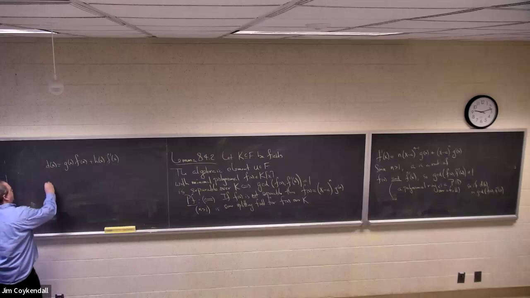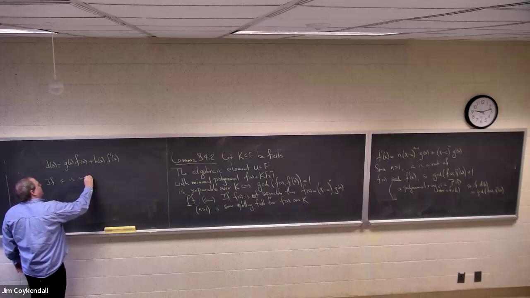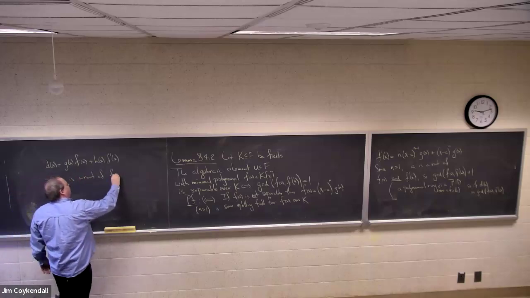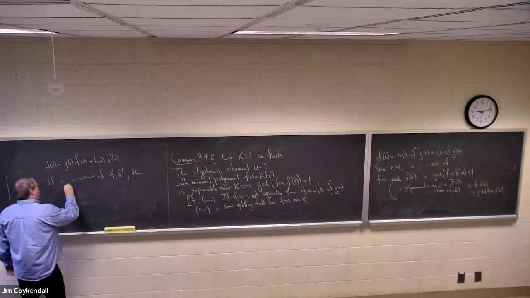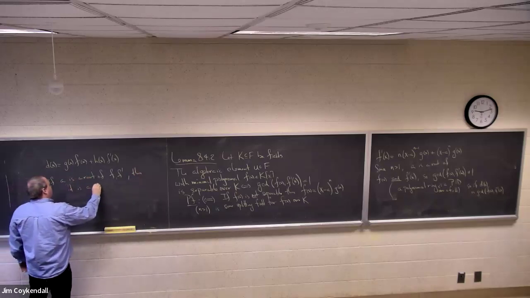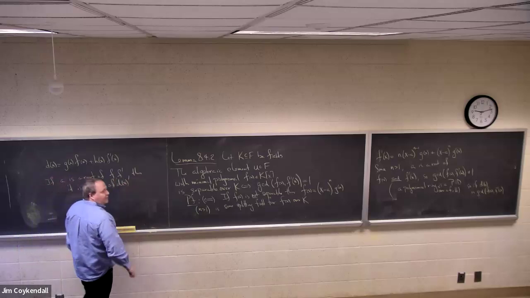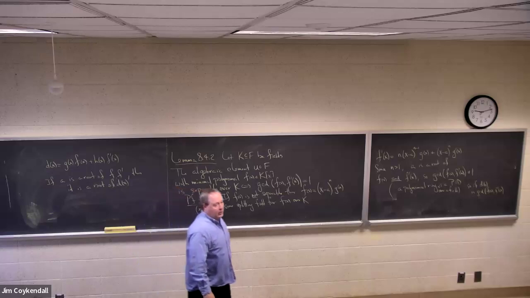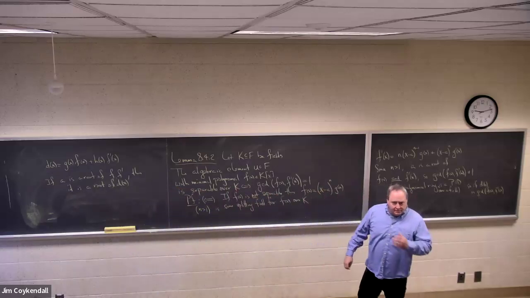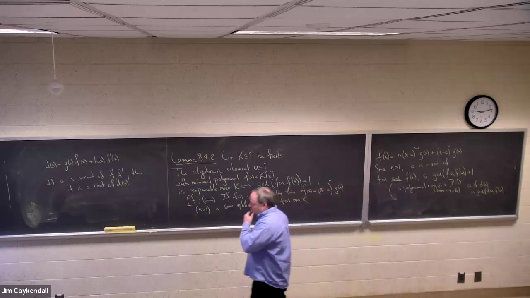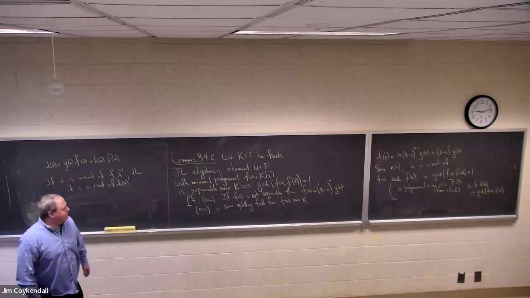So if a is a root of f and f prime, then it is a root of d(x). And of course, the polynomial one has no root, right? So there you go. Okay, any questions on that?